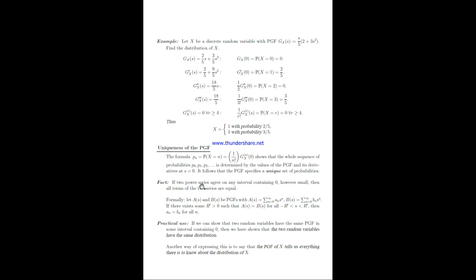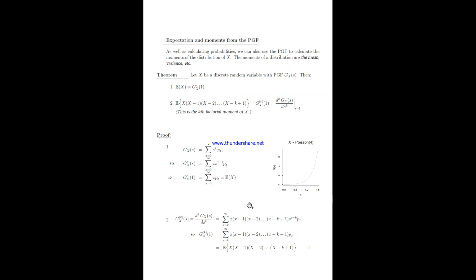There is another small thing you have to remember. Let's say there are two power series defined on the same interval, but that interval should contain 0. Say you have a power series A(s) and another power series B(s), and these are two probability generating functions.